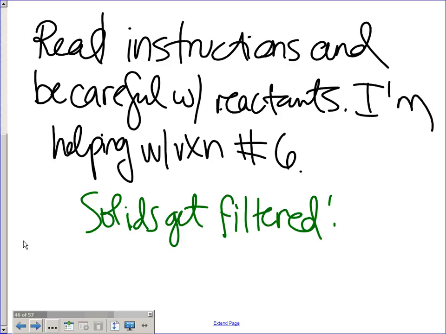Alright guys, after you read your reactions, you can continue writing reactions out and completing the rest of the lab.